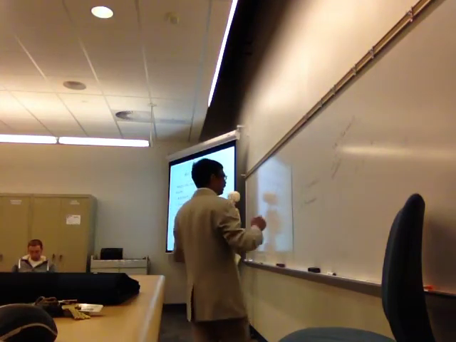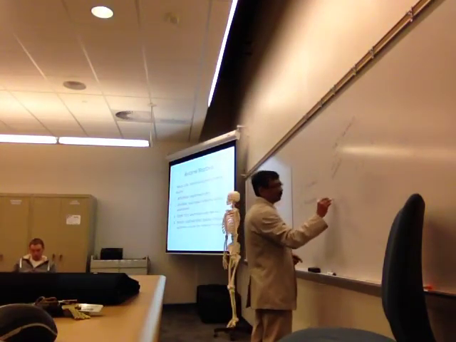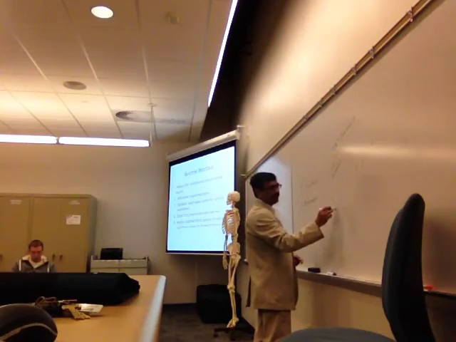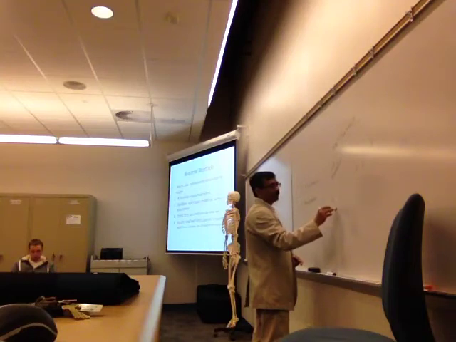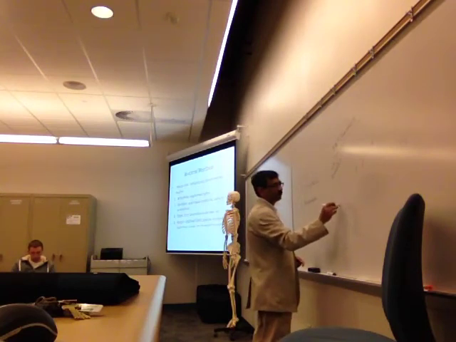What happens is the heart muscle, if this is the wall of the ventricle, sometimes some heart muscle cells become capable of producing electrical impulse, electricity.